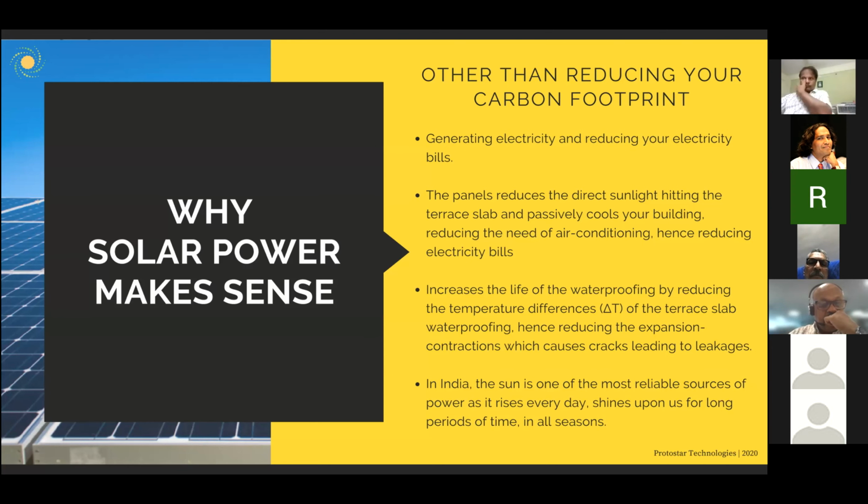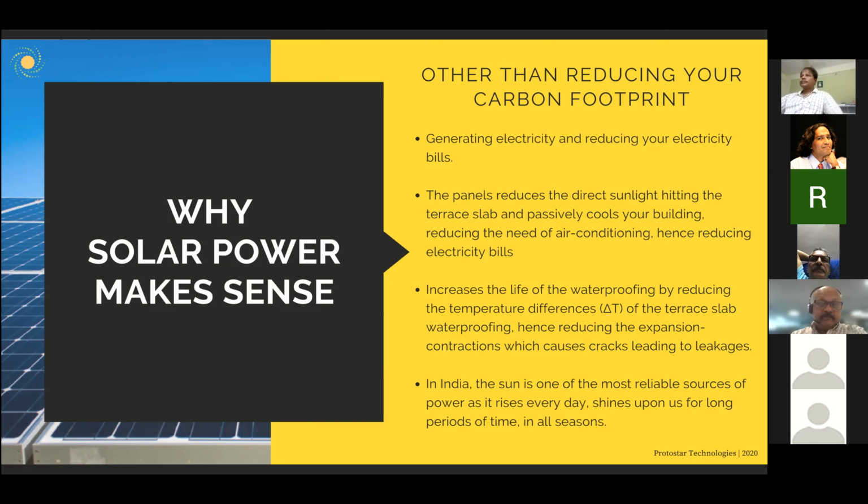The idea that the top flats get hot during summer is half true. The entire truth is the entire building actually gets hot. Thermal radiation has the ability to percolate through mass, so that heat can percolate all the way down to the first floor. Obviously, it reduces as it goes down, but the entire building gets hot during summertime because of the roof being hot. So when you cover your entire roof with panels, you're essentially casting shade on your roof, and the whole building naturally just cools down.